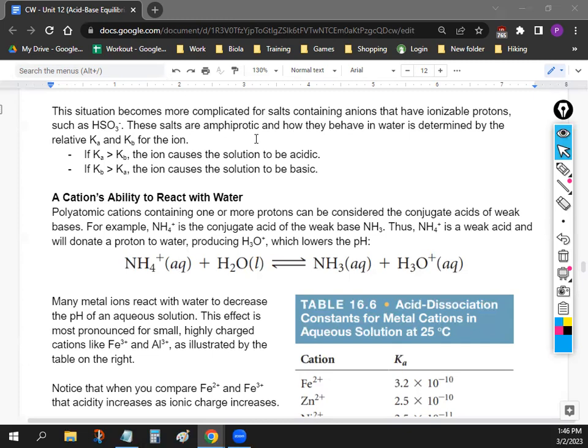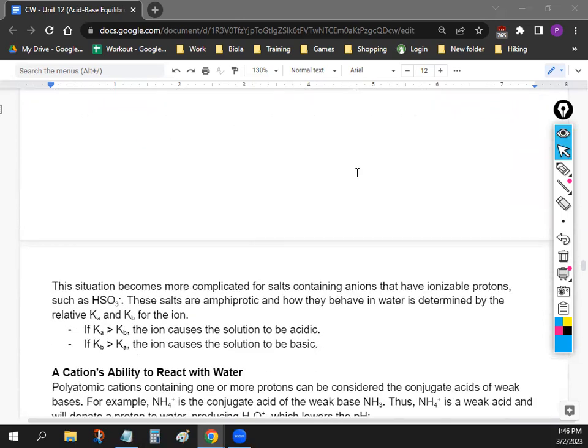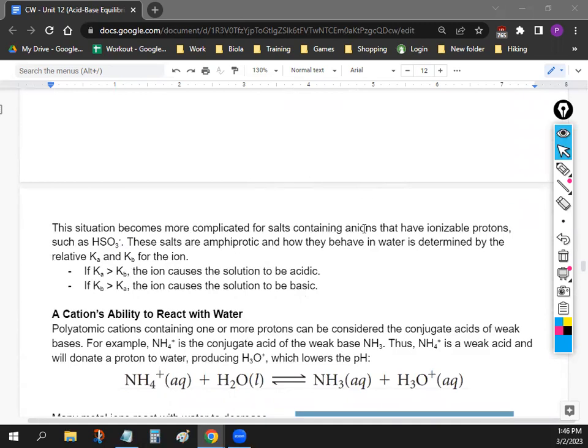So, okay, we figured out the effect that ions have on pH. Make sense? Now it gets a little more complicated with other salts, for example, salts that have ionizable protons. The one we just looked at, HCO3 minus, has an ionizable proton.